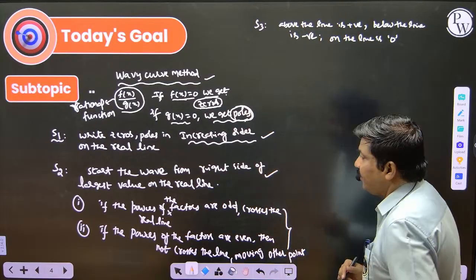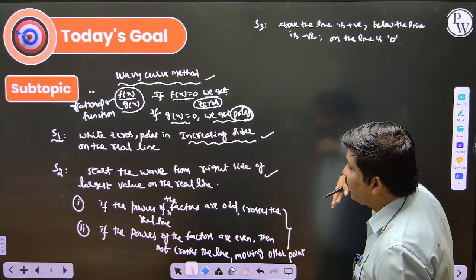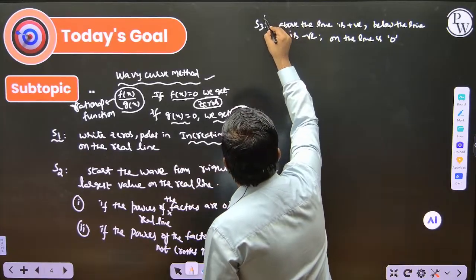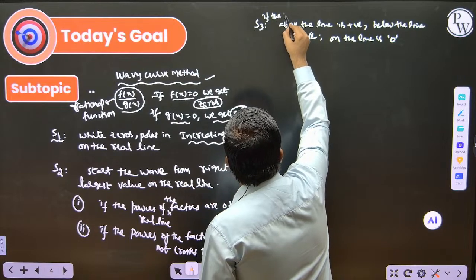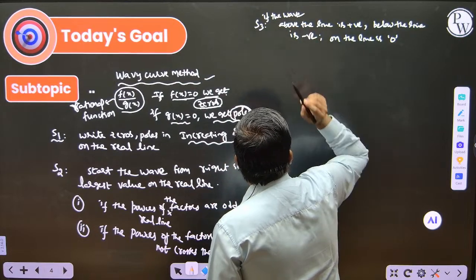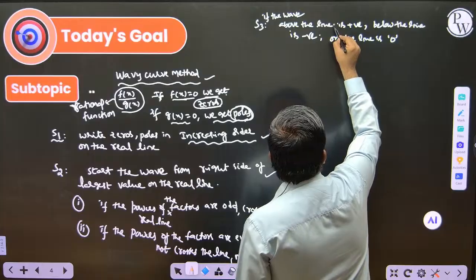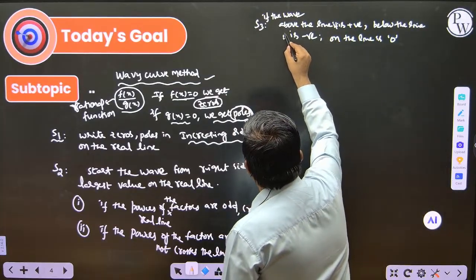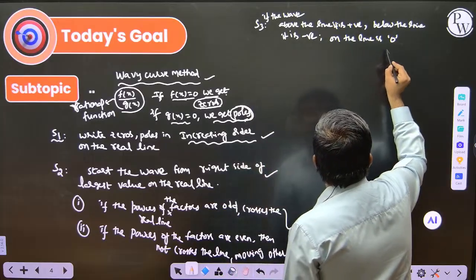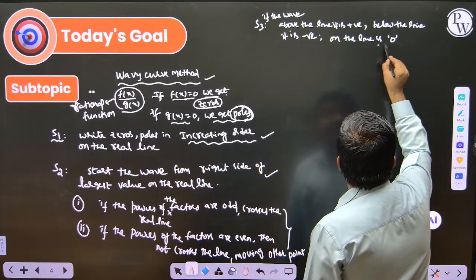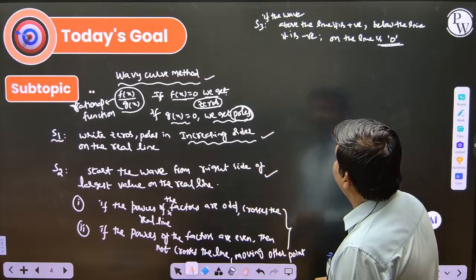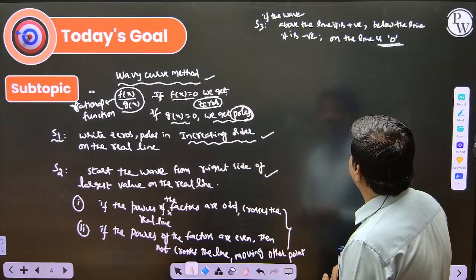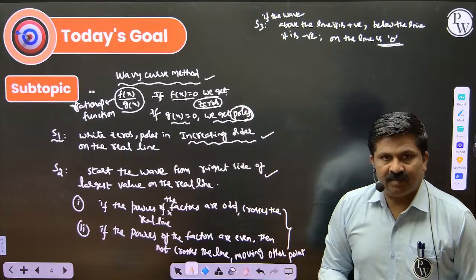So while you are doing this, if the wave is above the line it is positive, below the line it is negative, on the line it is 0.